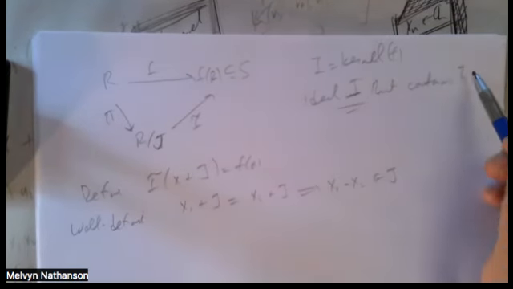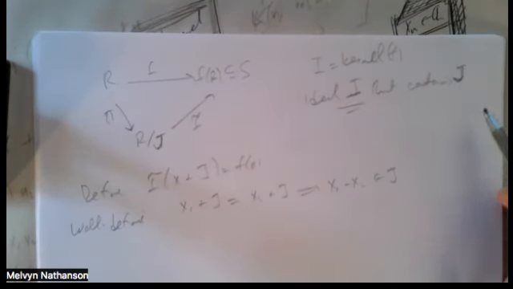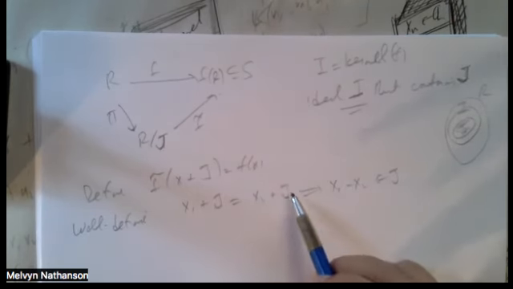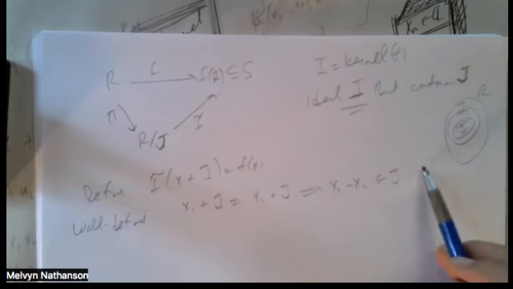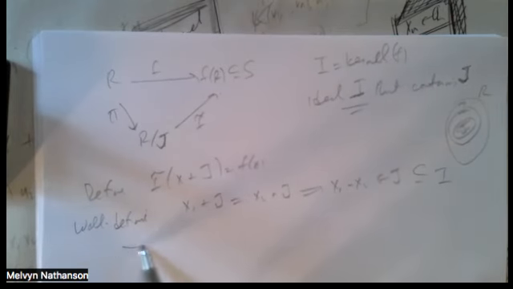I want the ideal I contains J. So over in R, I have my ideal I, and inside I is J. So if X1 plus J equals X2 plus J, if these two cosets are equal, that means X1 minus X2 is in J, which is contained in I, which means F of X1 minus F of X2, which is F of X1 minus X2, is 0.